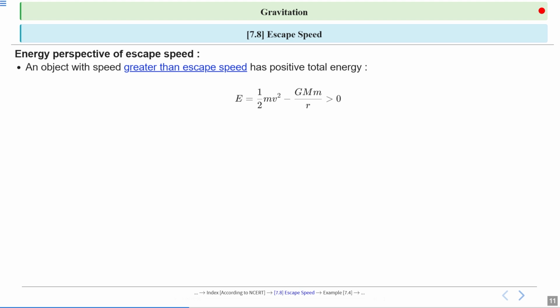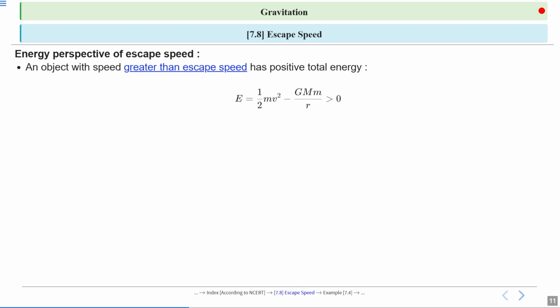Let's start by looking at objects with a speed greater than the escape speed. When an object has a total energy greater than 0, it means that the kinetic energy, 1/2 mv², is greater than the gravitational potential energy represented by -GMm/r, and this positive total energy indicates that the object can overcome gravitational attraction.